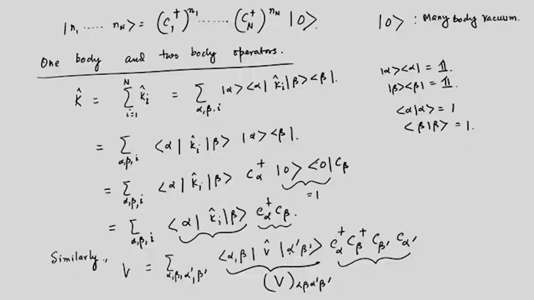So first we write down the Fock states, and then we introduce these C and C dagger operators and their anti-commutation relations. We are talking about fermions, but in a similar way one can talk about bosons as well. The formalism is exactly the same, excepting that we would be talking about commutation relations instead of anti-commutation relations.